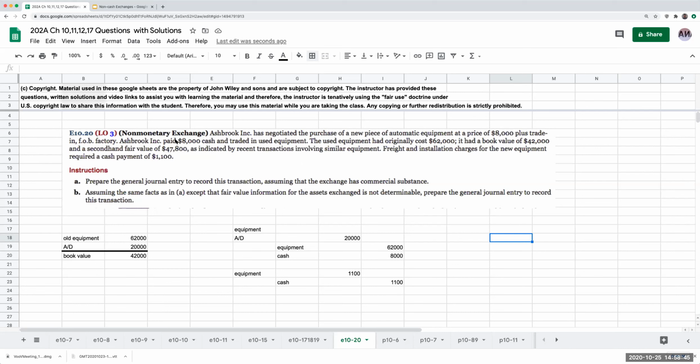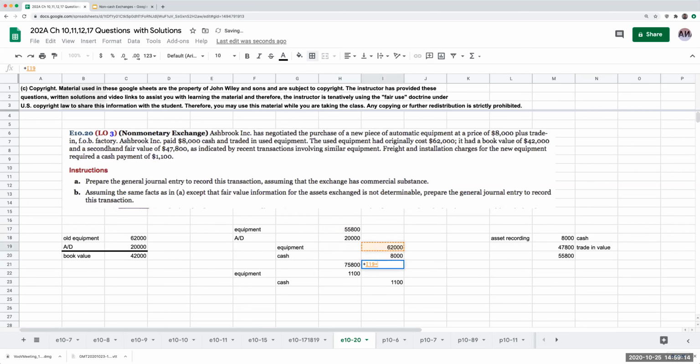So the asset record is going to be $8,000 cash plus the trade-in value of $47,800. So the new equipment should be recorded at $55,800.